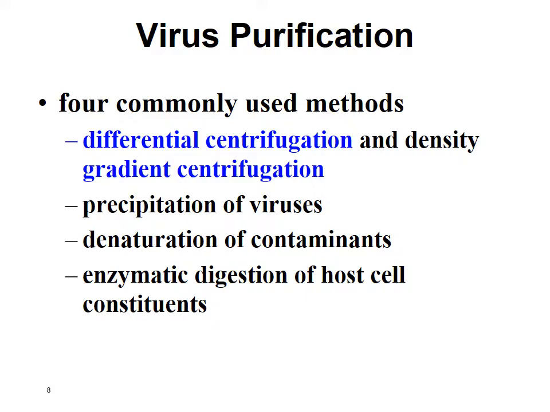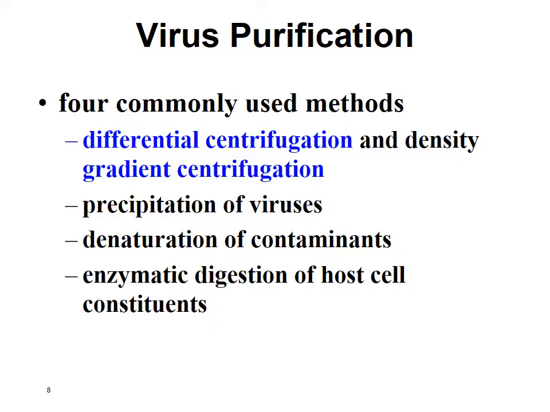Viruses tend to be less sensitive to heat or pH than cells are. So solvent treatment like chloroform or butanol can be used to denature any contaminants. The aqueous phase contains the suspended virus, while the organic layer contains any dissolved lipids.